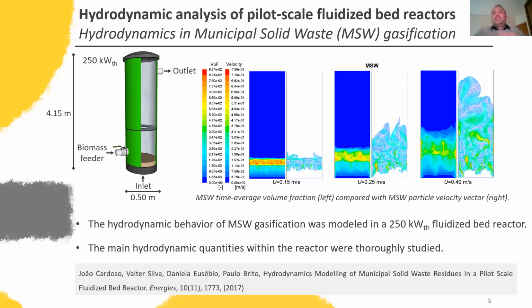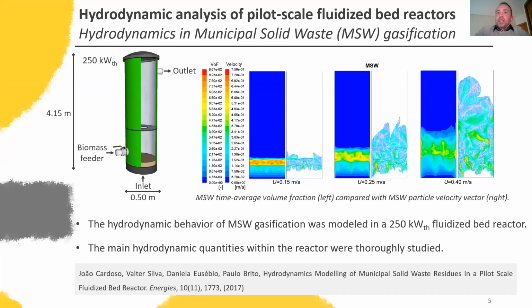And please notice that now the reactor is double the size of the other. This is a big setup that we have in Porto Alegre in a special warehouse, where we can get 250 kilowatts, and it gives us an idea as a pre-step for modeling the industrial process itself, which could be in the range of megawatts.